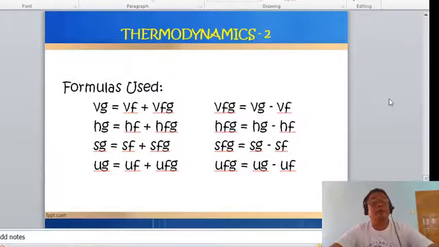For the formula, class, the specific volume of the gas is equal to the specific volume of the liquid plus the specific volume of the mixture, and so on and so forth. The same applies for enthalpies, entropies, and internal energies.